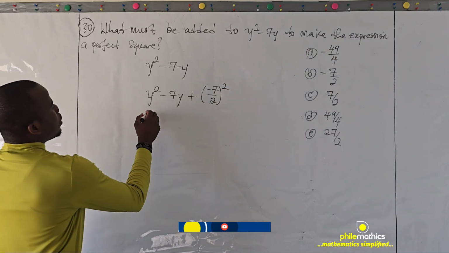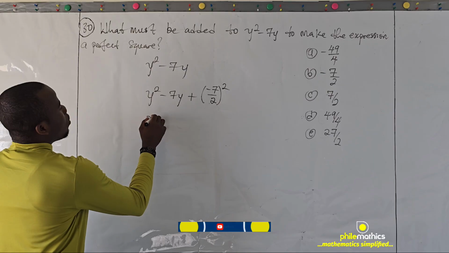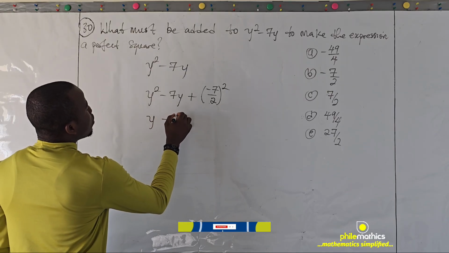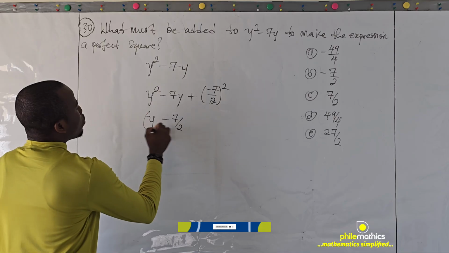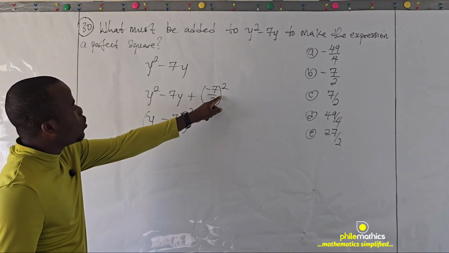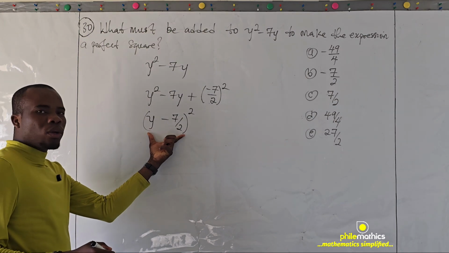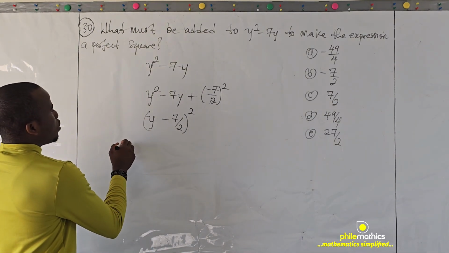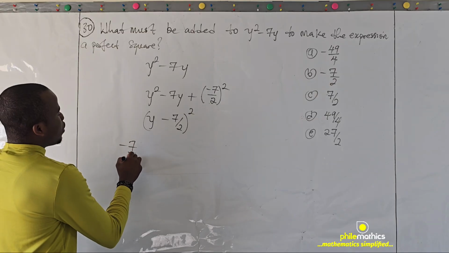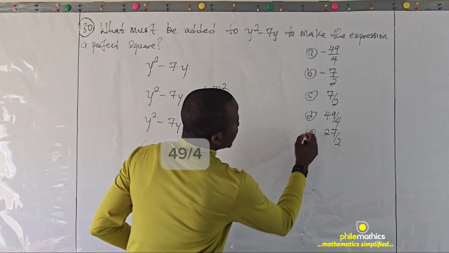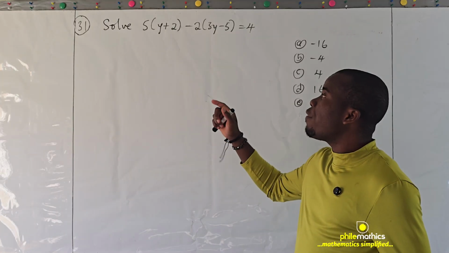And so this is simply y minus 7 over 2. This is what we can add to make this a perfect square. This is what a perfect square looks like. And so what we add is minus 7 over 2 square.